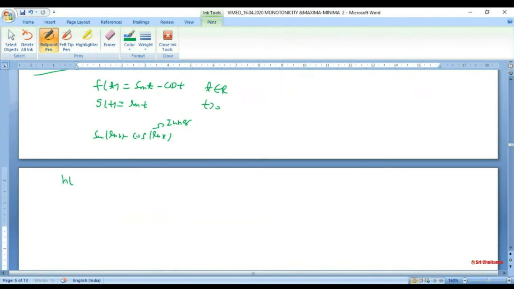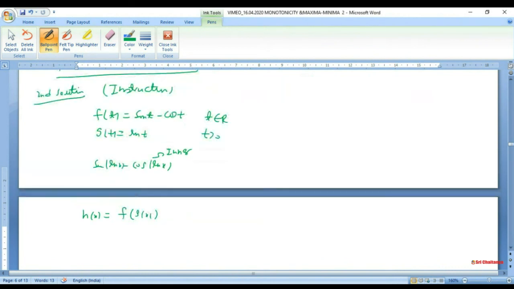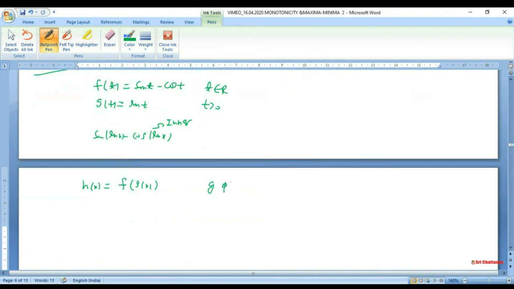We can write our function h(x) as f(g(x)). That's perfectly fine. You can check: sin ln x − cos ln x. Now function g is strictly increasing, because g(t) = ln t is known to be strictly increasing. If you think of the graph also, you'll find this.